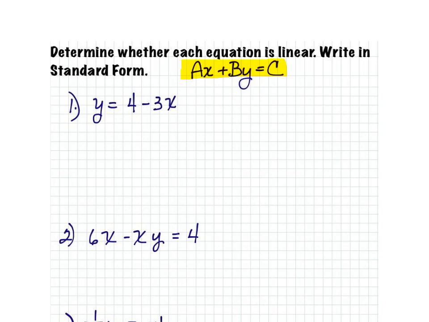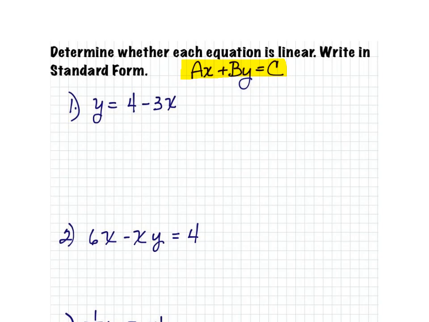Okay, notice that in number 1, write it down, y equals 4 minus 3x. Notice that x and y are on separate sides of the equal sign. The x term is on the right, the y term is on the left. Standard form has both the x and the y terms on the left.